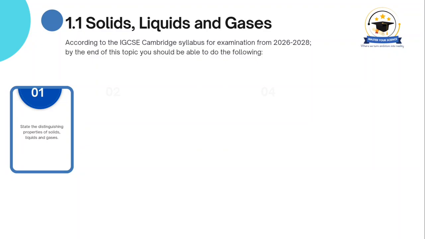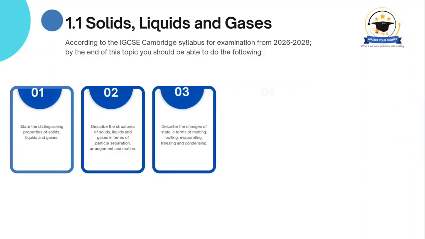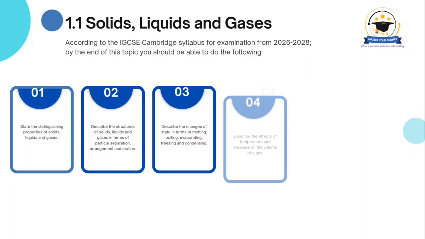Number 1, state the distinguishing properties of solids, liquids, and gases. Number 2, describe the structures of solids, liquids, and gases in terms of particle separation, arrangement, and motion. Number 3, describe the changes of state in terms of melting, boiling, evaporating, freezing, and condensing.